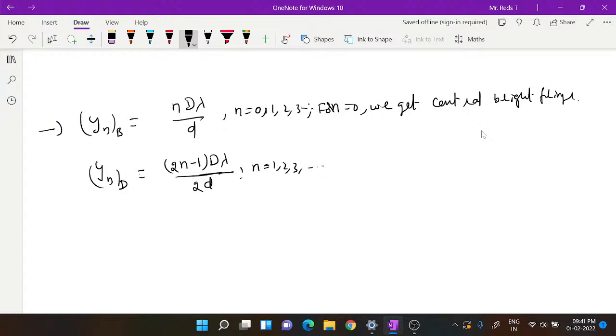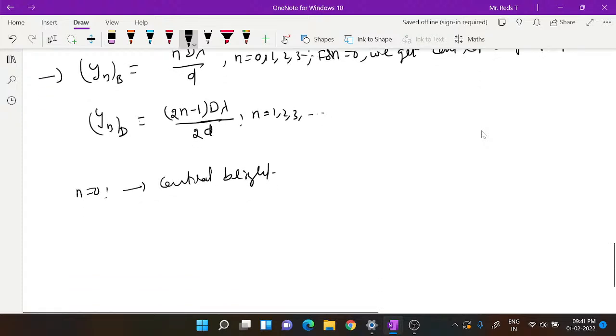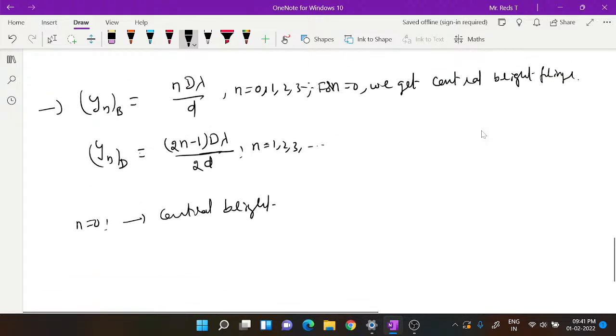First, the central bright fringe is at n equal to 0. If you want to understand this a little more deeply, I'm giving this additional explanation. We are talking about bright fringes. For n equal to 1, we get the first bright fringe, after the central bright fringe.